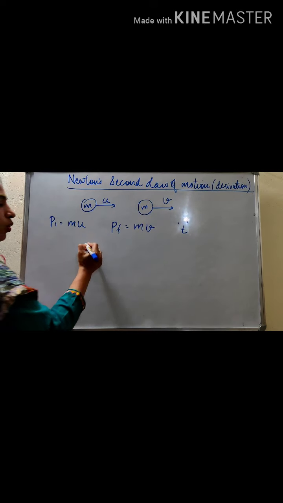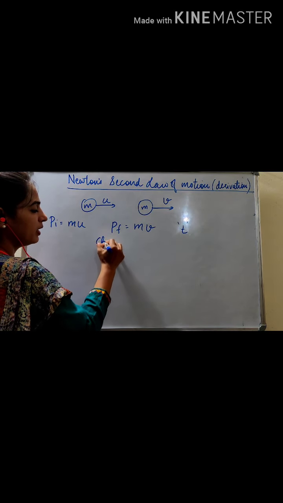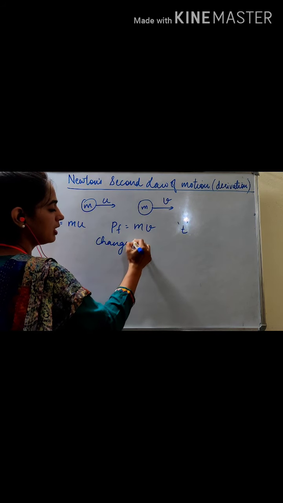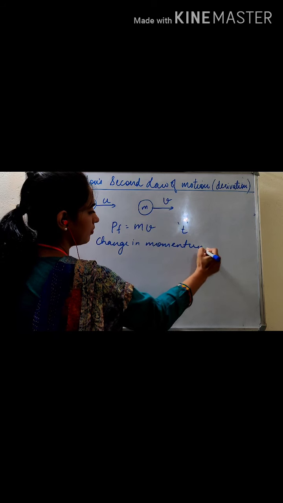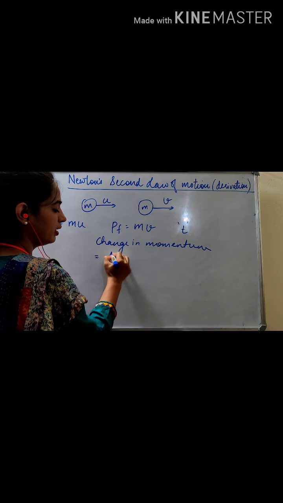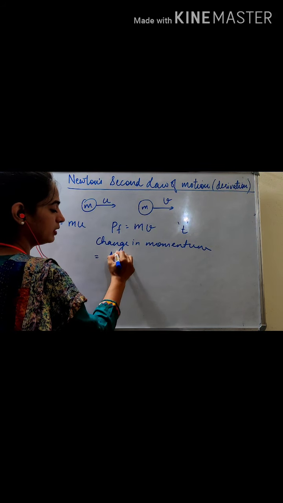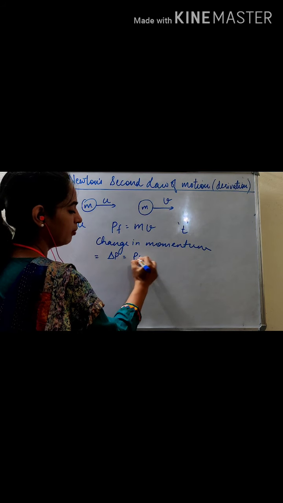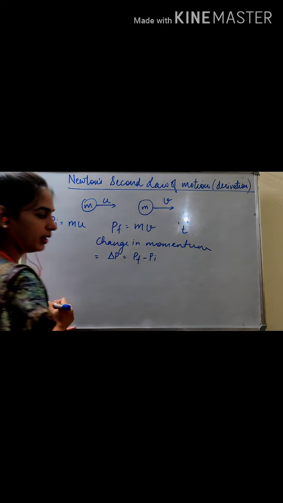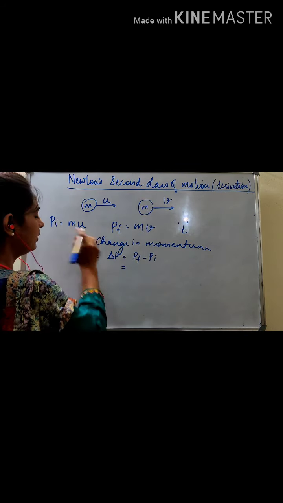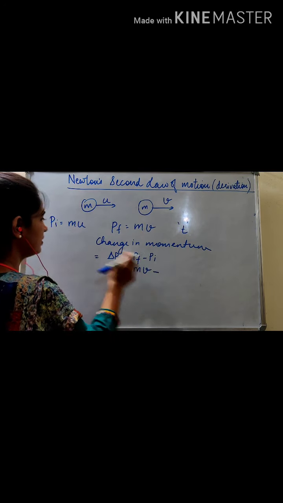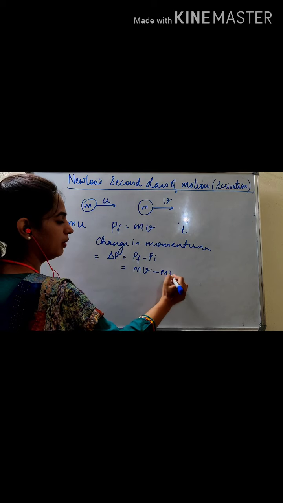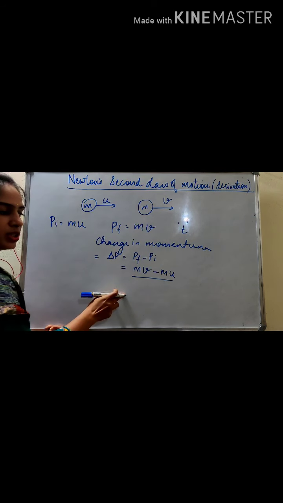So, what will be the change in momentum? Change in momentum will be final momentum minus initial momentum. What is final momentum? mv, minus initial momentum mu. In how much time?